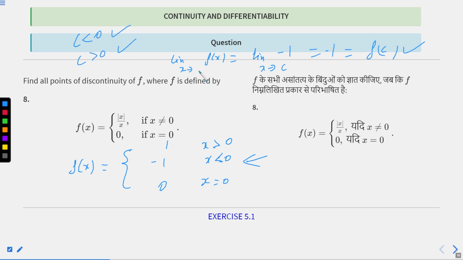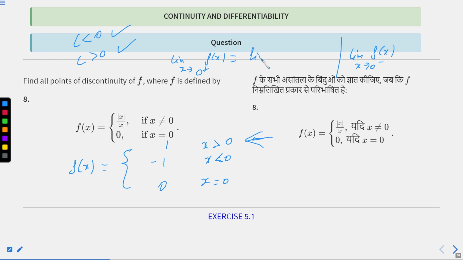What about at 0? If x tends to 0, this means I have to work with the two sided limits, which is one right hand side limit and another left hand side limit. If I am approaching 0 from the right hand side, I have to work with this, so the limit will be 1.